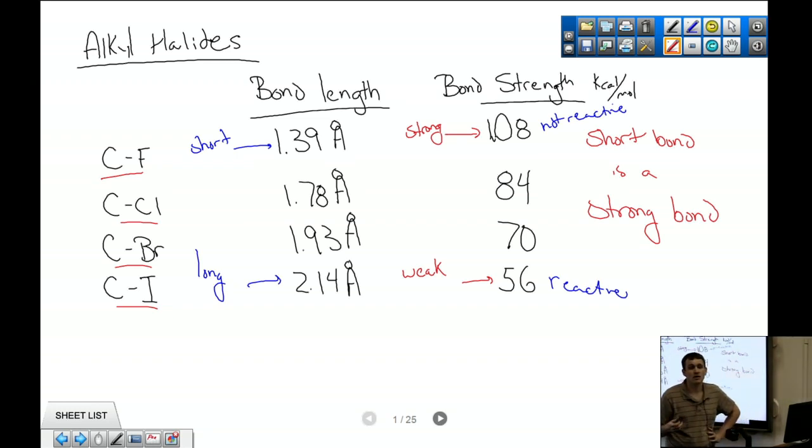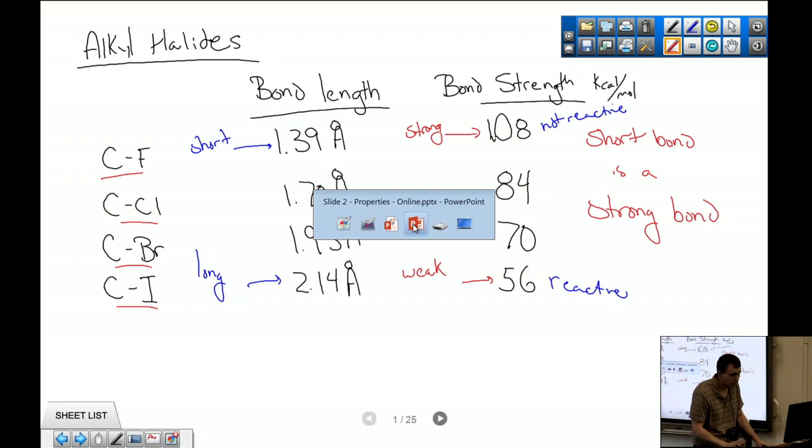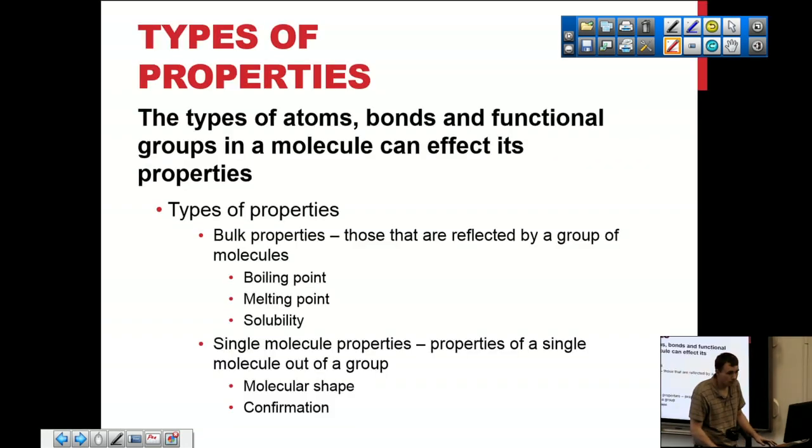So we are going to first talk about molecular properties. We're going to talk about how atoms, bonds, and functional groups in a molecule will affect its properties, right? So if you have ethanol, ethanol gets you drunk, but again, you guys don't do that because Wally the Wall Pond Carol says it's bad, right?